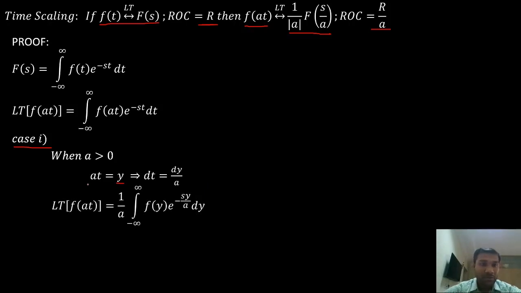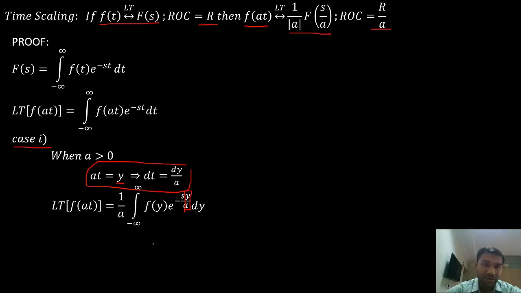Now if I substitute these assumptions here in my Laplace transform equation, I'll have integration minus infinity to infinity f of y e power minus s into, in place of t I can write y by a, right? In place of dt, now I have dy by a, right? dy divided by a.